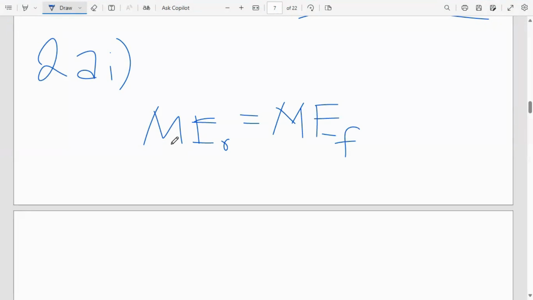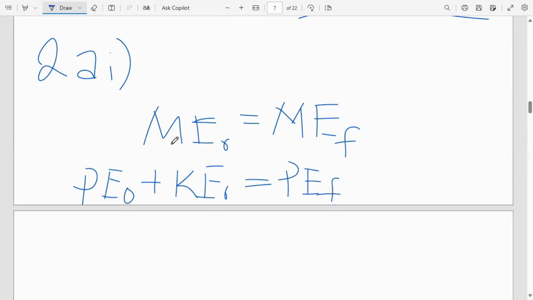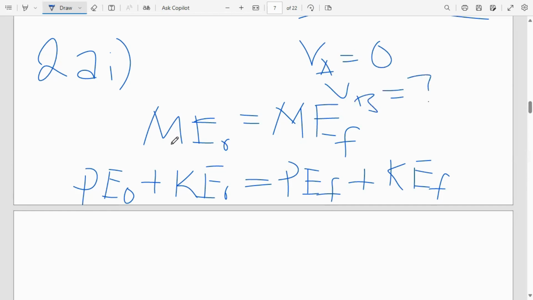The mechanical energy is the combination of potential energy, PE initial, plus kinetic energy, KE, at the initial point, being equal to PE final plus KE final. But remember, at the initial point, this object is being released. We said V at A is equal to 0. For V at B, we don't know, but it has a certain velocity.